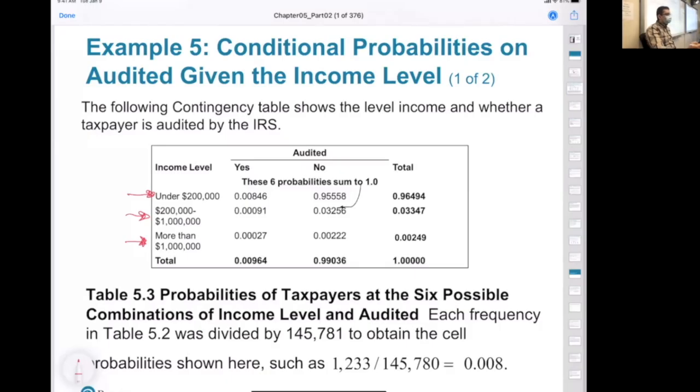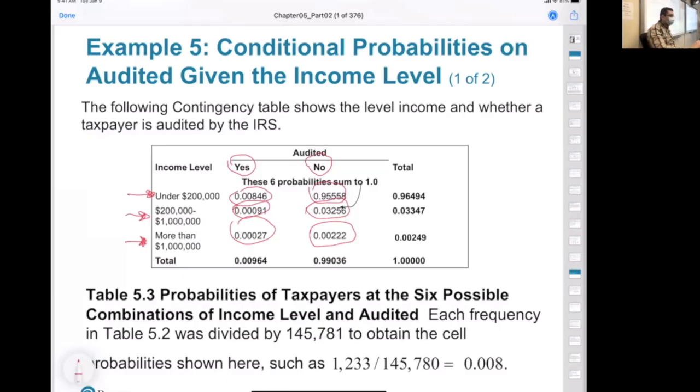And for the audited, we have yes, it's audited by the IRS, or no. And we have the probability for each event in this table or this scenario.